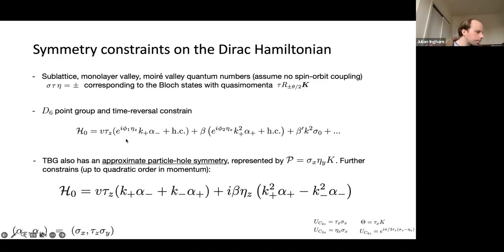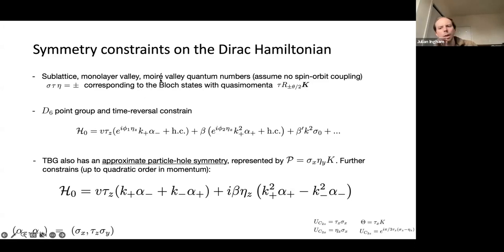And in the Bistritzer-MacDonald continuum model, this is a symmetry. This is an exact symmetry when you neglect the twist angle dependence of the monolayer Hamiltonian. So the smaller the twist angle, the better this approximate symmetry is.